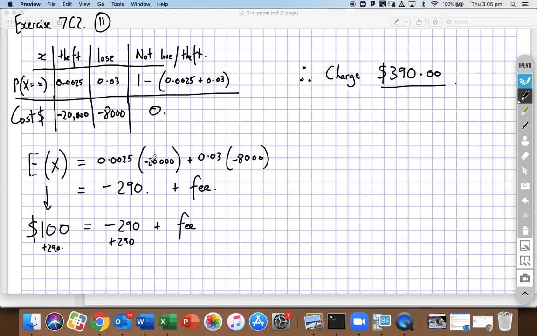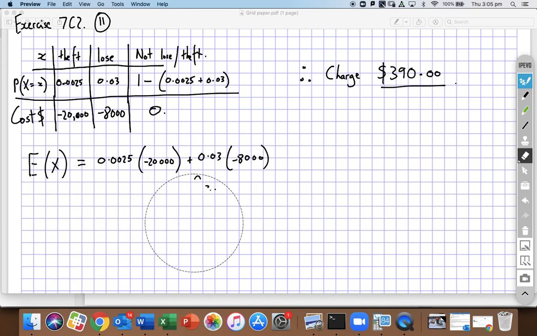Now, if you hadn't used negative numbers, it's not really going to matter. You could do this without using the negative numbers, and you'll get 290. You just need to logically think in your mind that that is a cost to the insurance company, this expected cost.